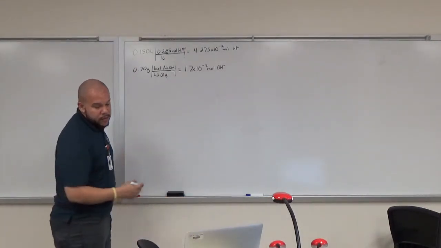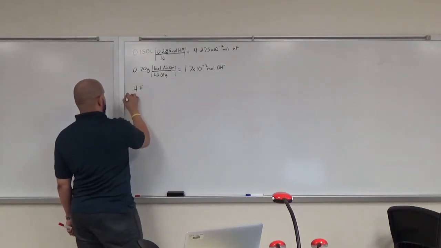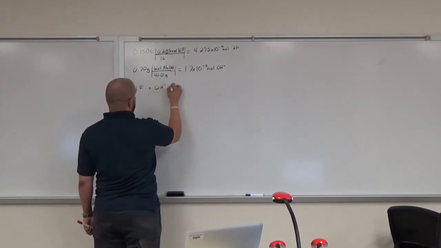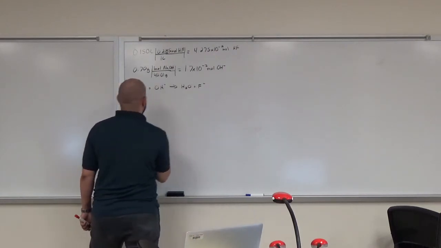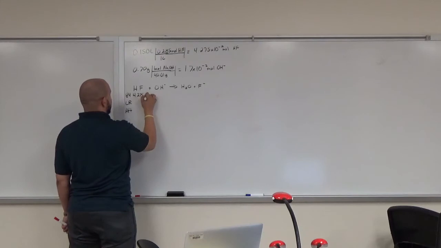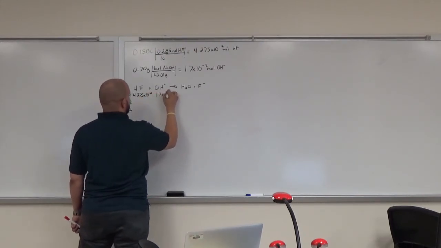So this is where we need to look and understand and talk about moles. If we're talking about moles, I would suggest that you write the neutralization out. You write the before, the limiting reagent, and the after. So we got HF plus OH minus gives us H2O and F minus. Before, we're dealing with 4.275 times 10 to the negative 2. Here we have 1.7 times 10 to the negative 2.